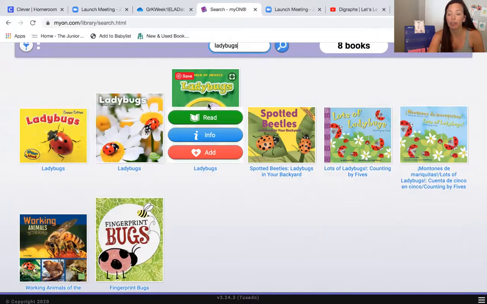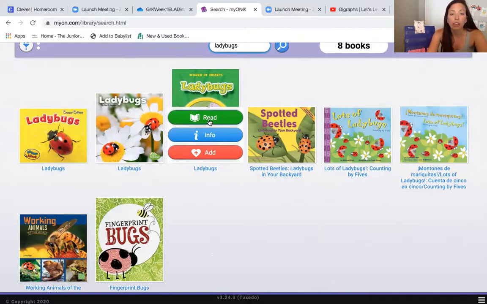It has a lot of information, and the main focus today when we read the book is going to be vocabulary. So we are going to focus on some of those words that maybe we don't know the meaning of. And we're going to stop and we're going to think and we're going to use the text and the clues in the text to help us figure out what those words mean.